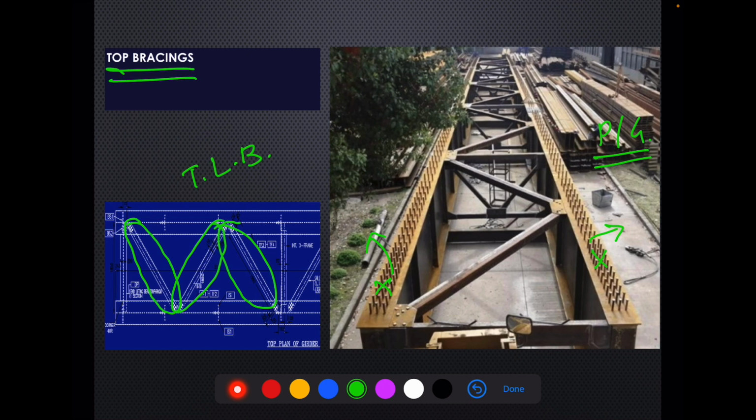So just for showing the basic arrangement, we are showing this photograph. So top lateral bracings are given in the same manner in plate girders also. Okay.